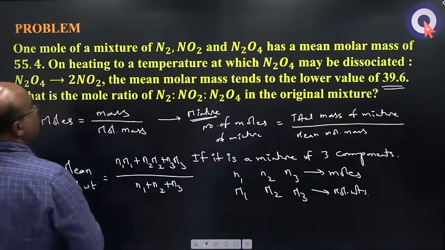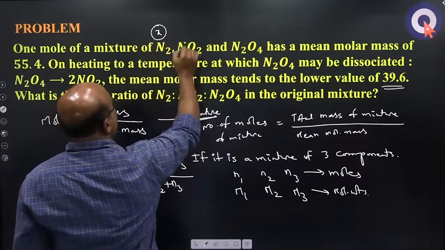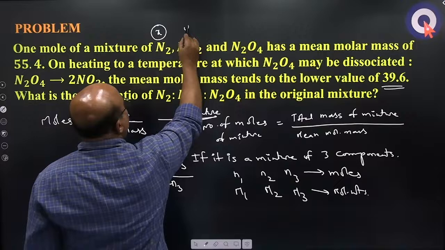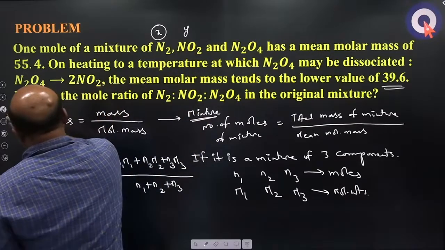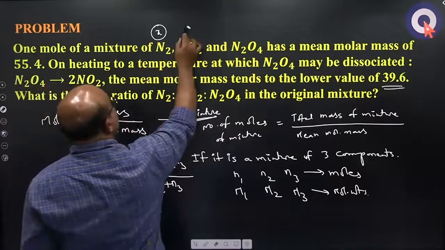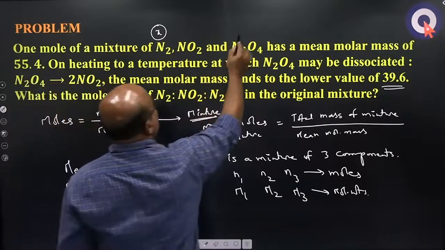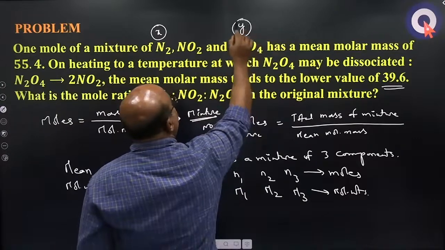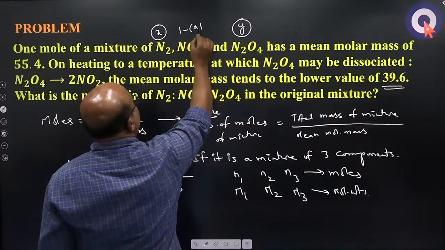So let us say the number of moles of N2 is X, the number of moles of NO2 is Y, and the number of moles of N2O4 should become 1 minus X plus Y.